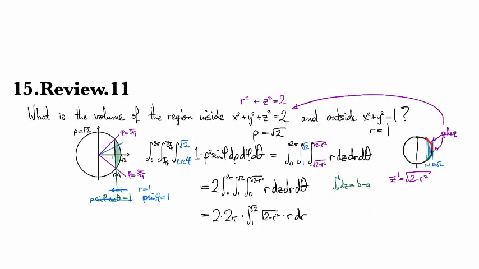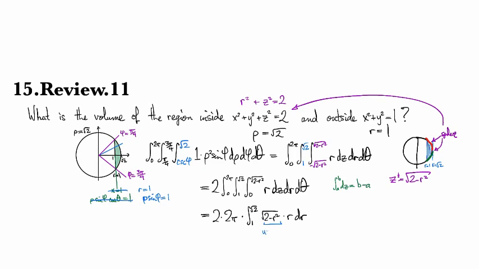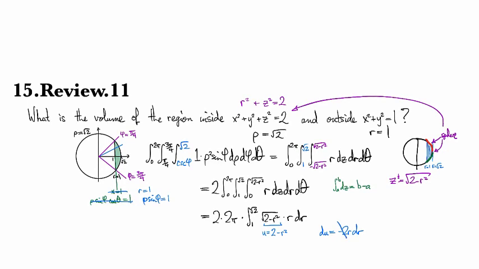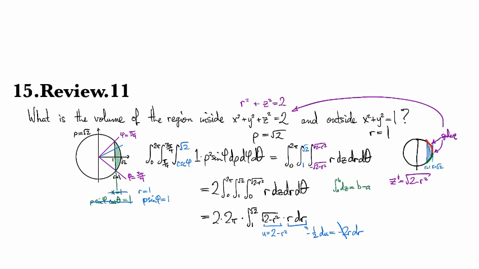And that's sort of nice because I've got something here that looks like a good setup for a u substitution, 2 minus r squared for my u, and then my du will be minus 2r dr.